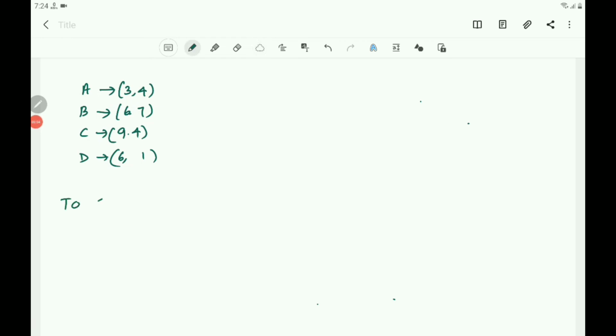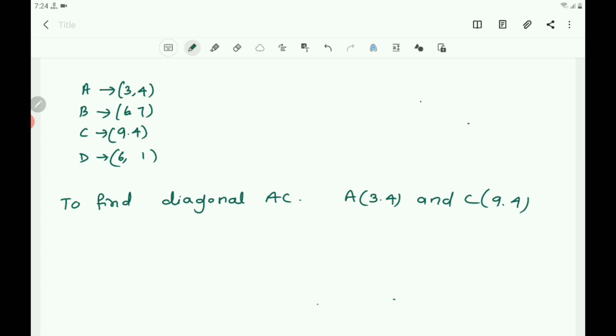To find diagonal AC, what are the coordinates of A? 3, 4 and C is 9, 4. Then AC equals whole root of (x2 minus x1) whole square plus (y2 minus y1) whole square.